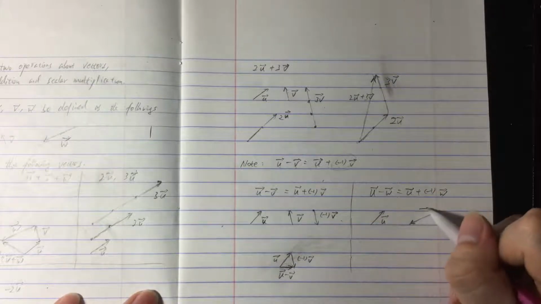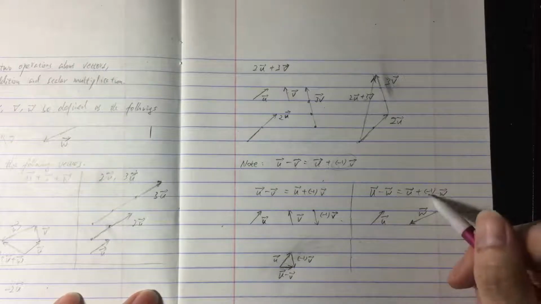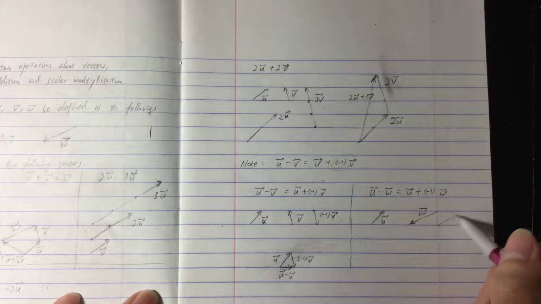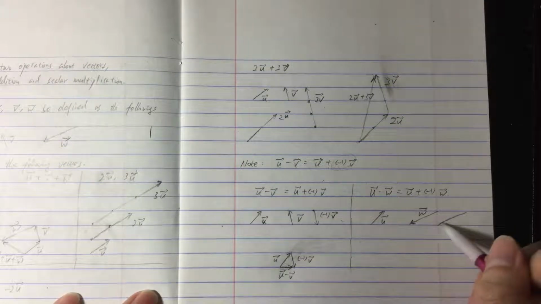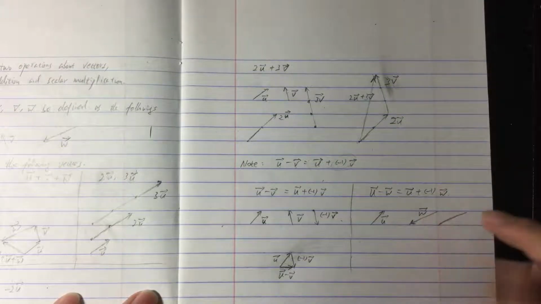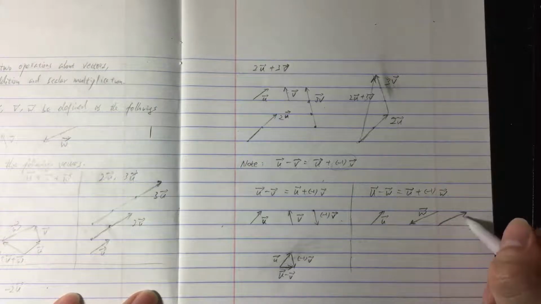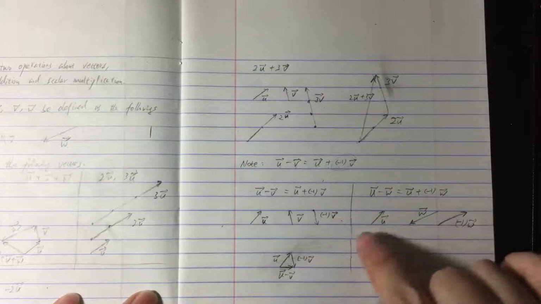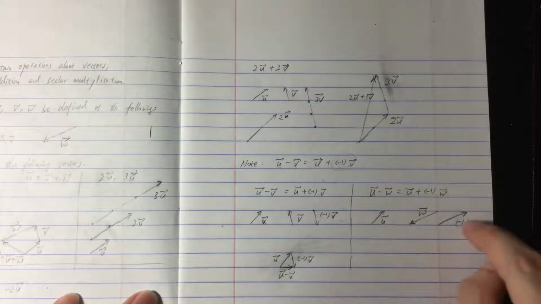Assume that's vector w. -1 times w is the same vector but pointing in the opposite direction. The length is the same. This is -1 times w. Then we take vector u plus -1 times w.